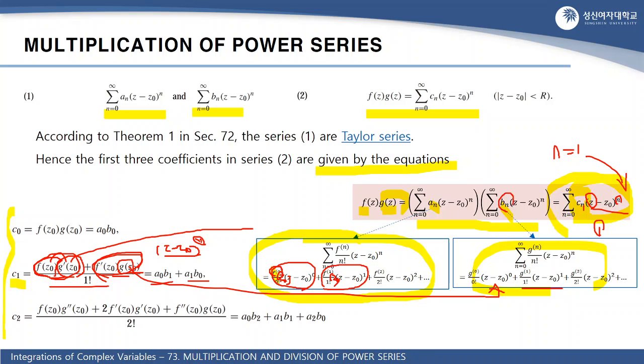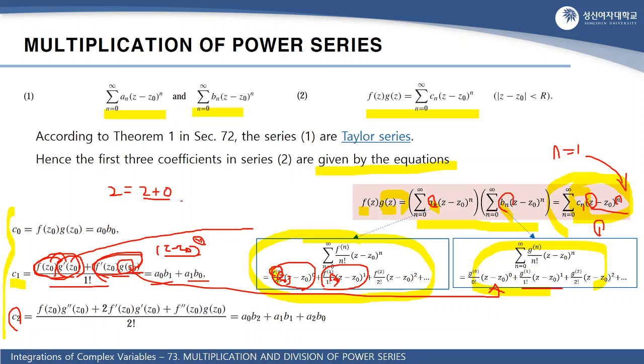Here we use this notation for each Taylor series. Okay, c_2 can be computed in a similar way, but we need to consider 3 cases, because 2 can be computed by adding 2 terms in 3 cases.